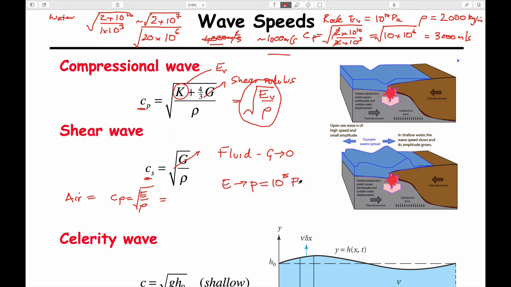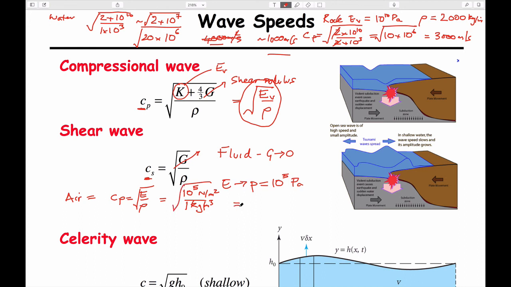So it's 10 to the 5 pascals. So this would be 10 to the 5 newtons per meter squared. Density would be what? Density of air at room temperature, about 1 kilogram per meter cubed, square root.